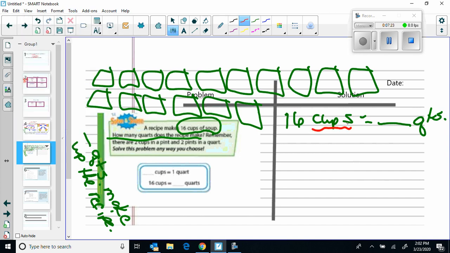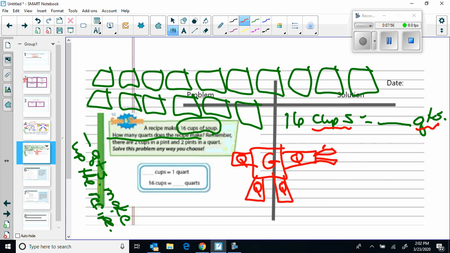So what do we know about cups and quarts? And it's kind of telling you over here. It says, remember, there are 2 cups in a pint and there are 2 pints in a quart. So like I said before, just writing that gallon man can help you process through this if you need to. So here's our gallon. And there's our quart.